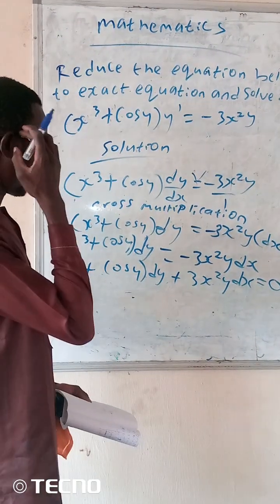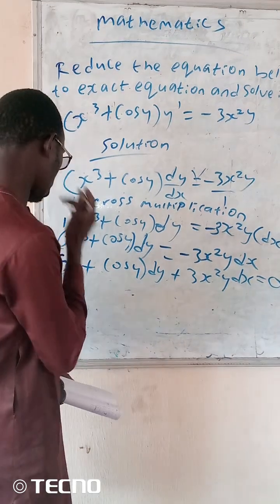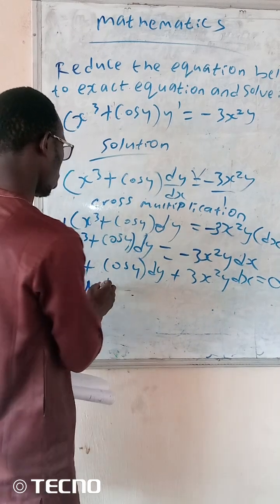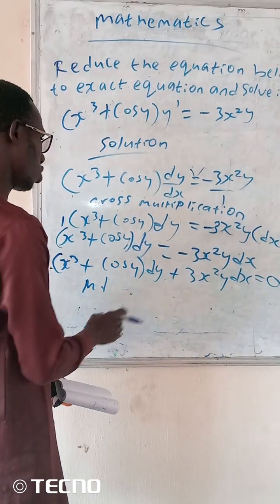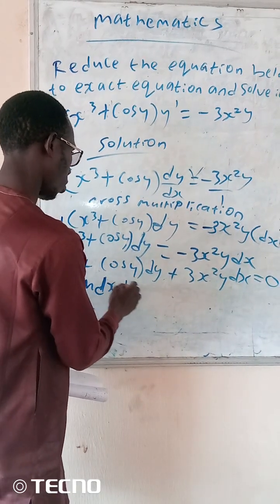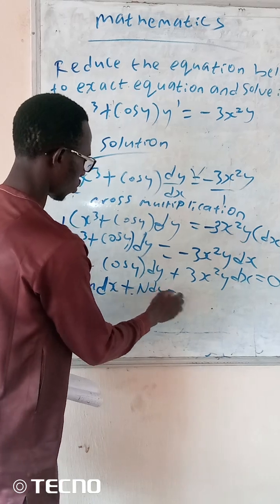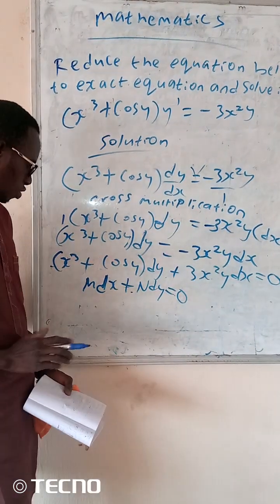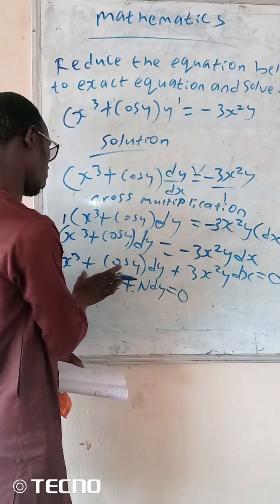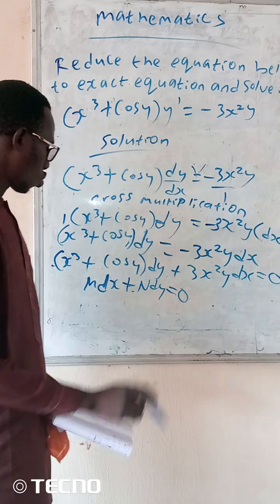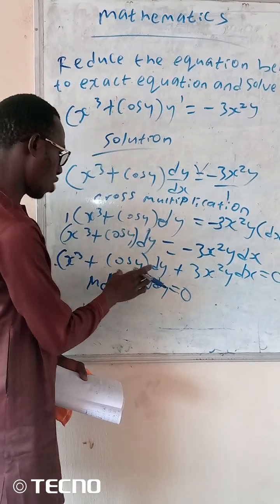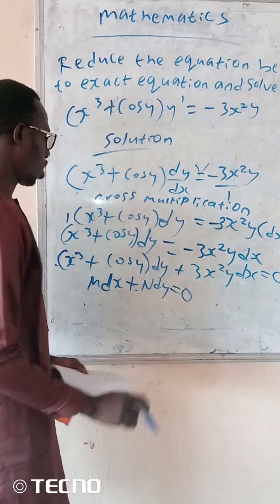So what we are going to do next is that we are going to change this one to be in the form of M dx plus N dy equals 0. But before we do that, we need to bring this one to this place and take this one here, so that the x will be the first part and the y will be compact.